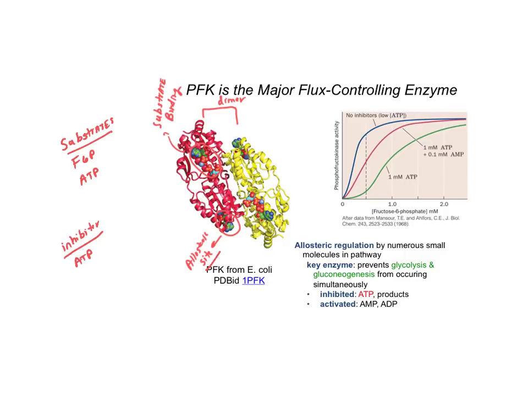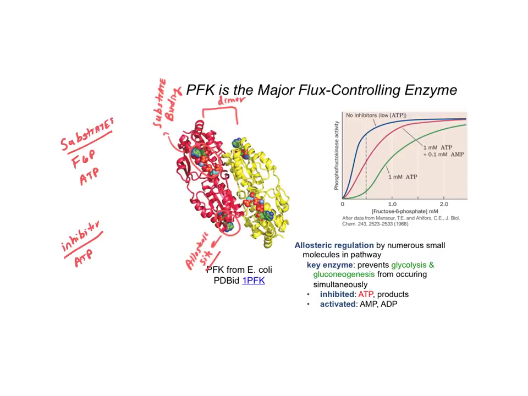Phosphofructokinase also has allosteric, what are they called? Activators, right? Something that speeds up its overall reaction rate. There's a word for this, and I'm just blanking entirely. Inhibitors versus activators? Am I right on that?